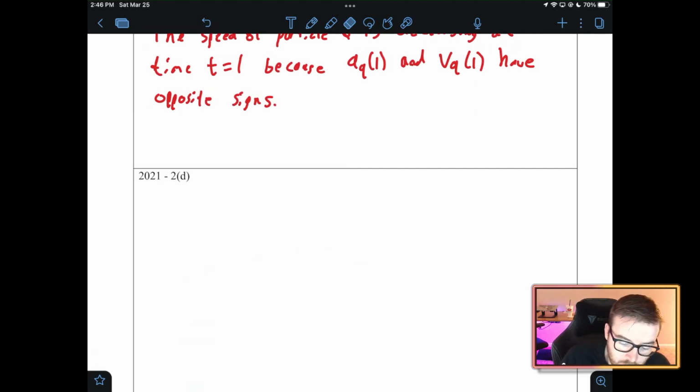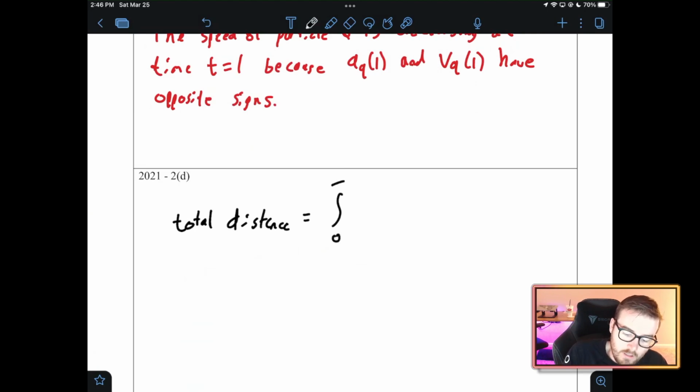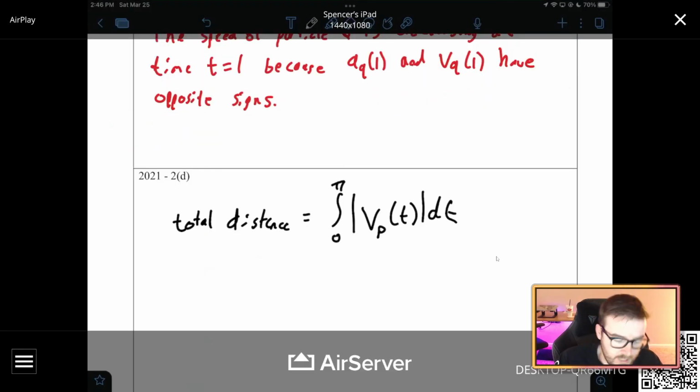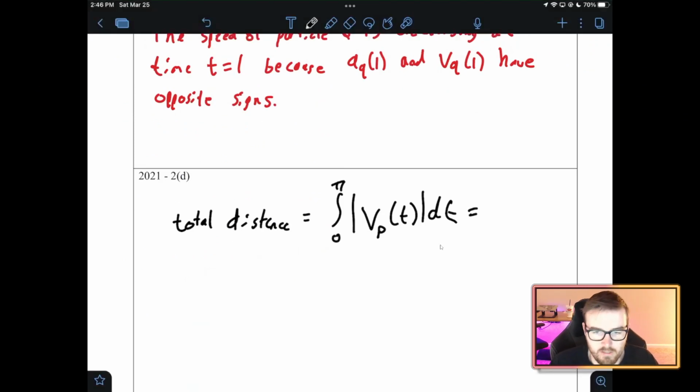So total distance, we have said in the past, equals the integral, and it asked for 0 to pi, that's why I'm using 0 to pi, of the absolute value of the velocity function. And which particle are we talking about? I forgot. Particle p. Okay, that is our expression. This is what we want, the absolute value, and that will give us total distance.